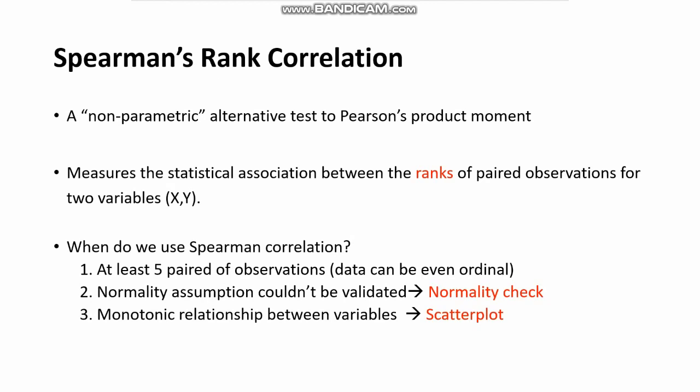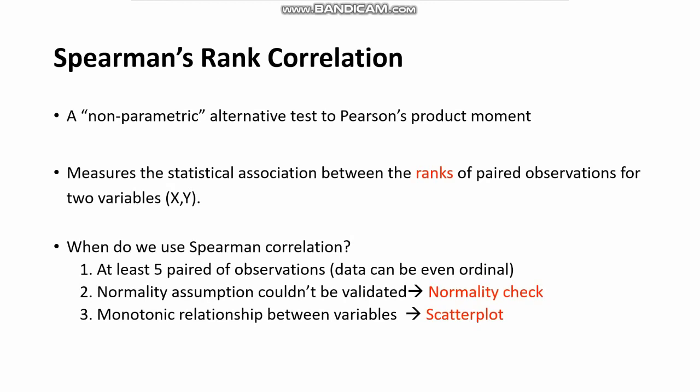The observations are ranked in order of magnitude in a consistent way. So if you rank x in ascending order, we should do the same for variable y. After you rank variable x and variable y in a consistent way, Spearman correlation measures the association between these two variables, okay?